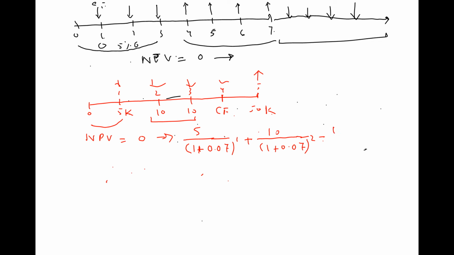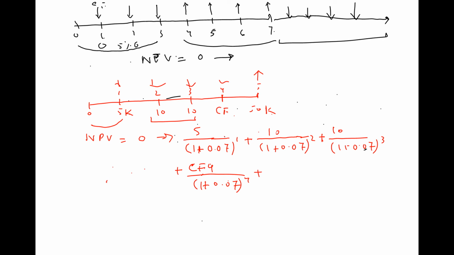Plus 10 over 1 plus 0.07 again power 3. Then the fourth cash flow that is not known to me, I am going to name it CF4, over 1 plus 0.07 power 4.